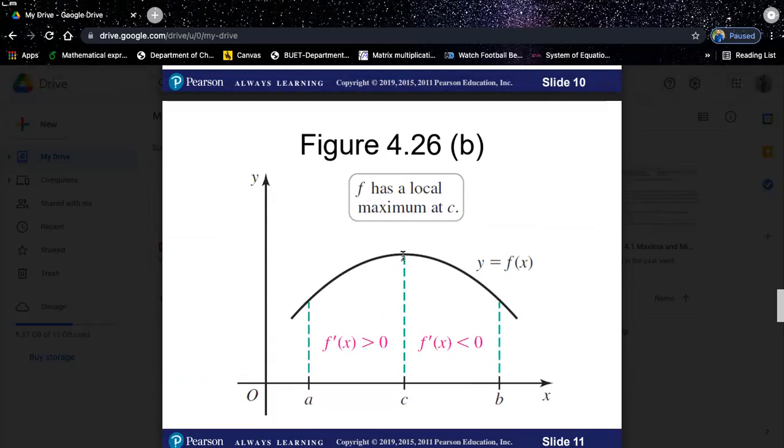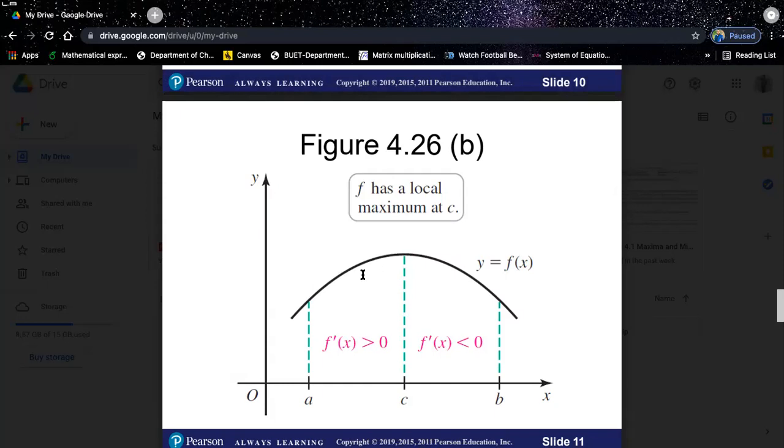Do you agree? So again, we have seen this before. We're just trying to rephrase this using proper mathematical expressions, right? We have already seen this.